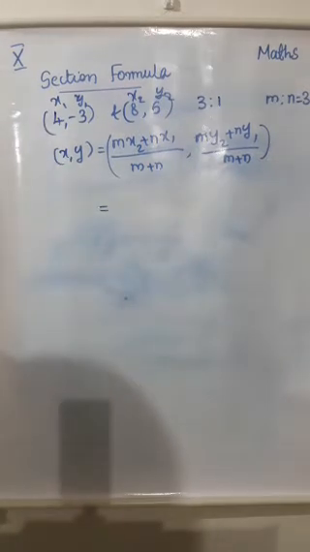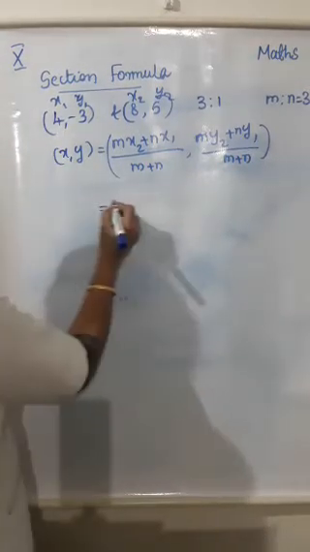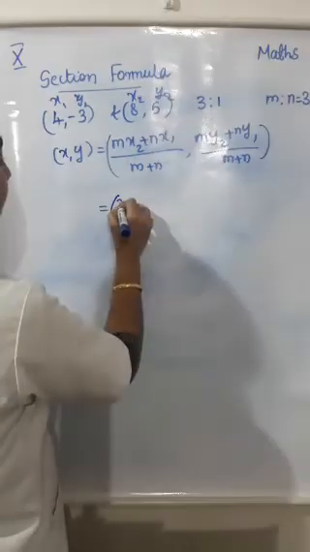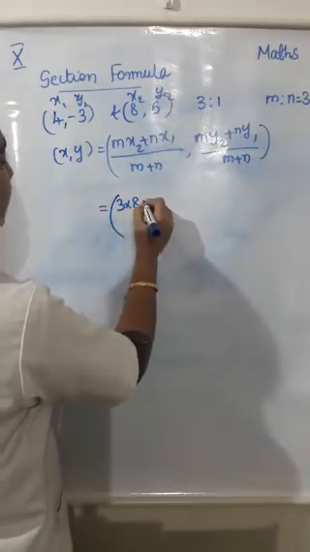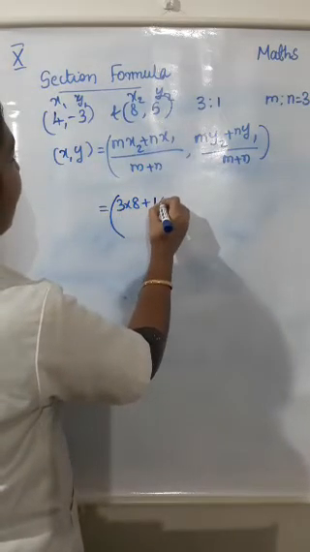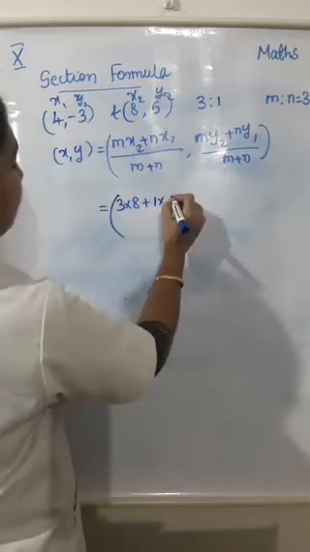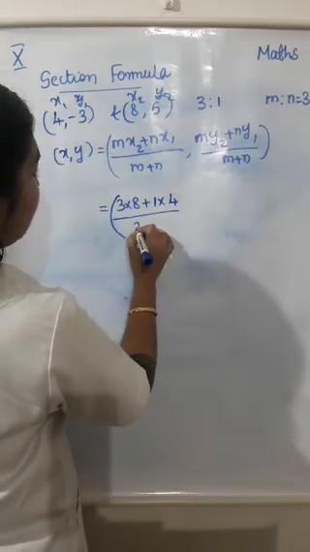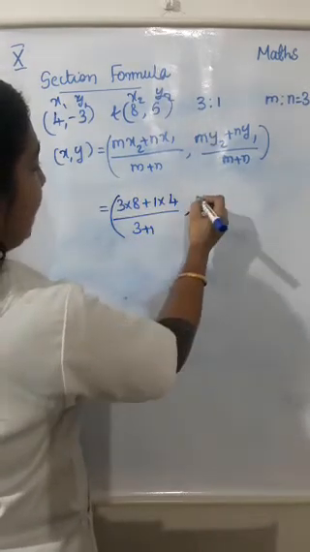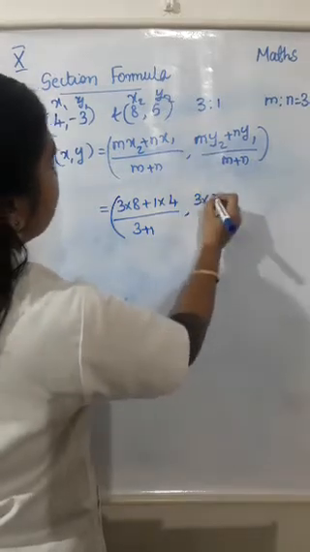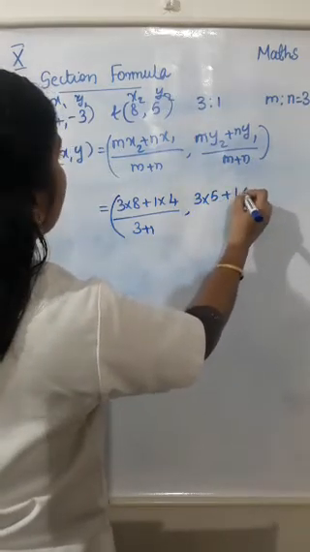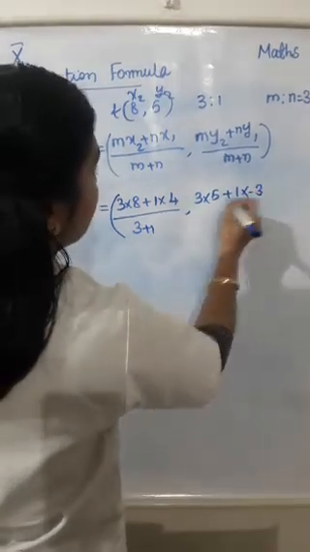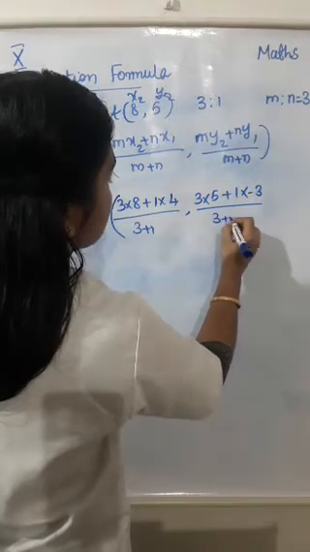(x, y) is equal to (mx2 plus nx1) by (m plus n). Here m is 3, x2 is 8: (3 into 8 plus 1 into 4) by (3 plus 1), then (3 into y2 which is 5 plus 1 into y1 which is -3) by (3 plus 1).